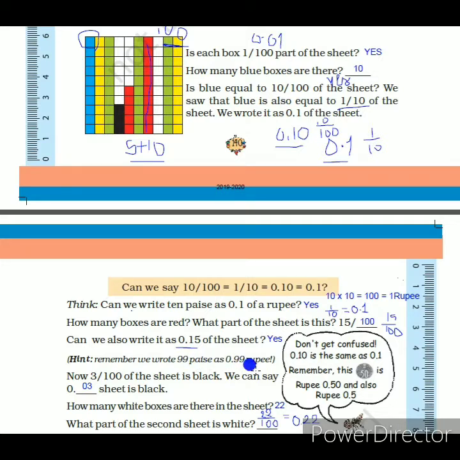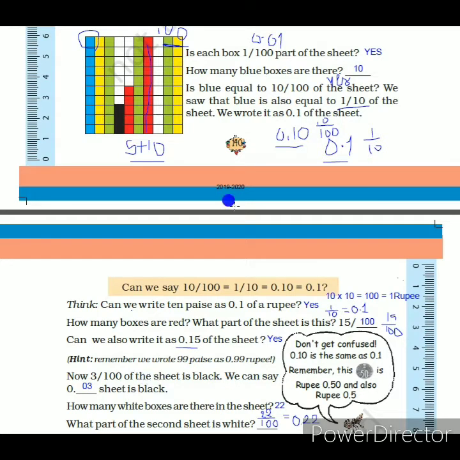The same way, here the number was 0.15. From the previous question we know that 99 upon 100 is written in decimal form as 0.99. The same way, the 15 boxes are also written in decimal form as 0.15. Both are the same.